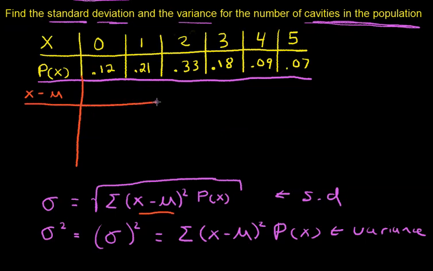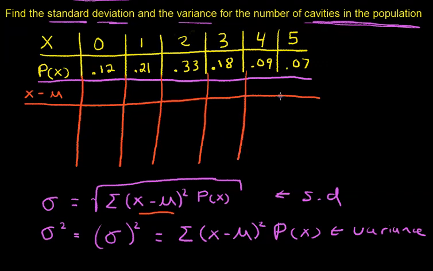The second row that I'm going to add is the difference from the mean squared, so I'm basically going to square the previous row.